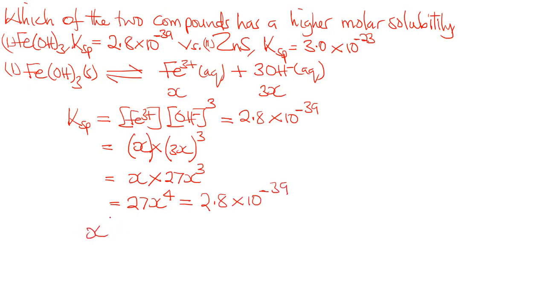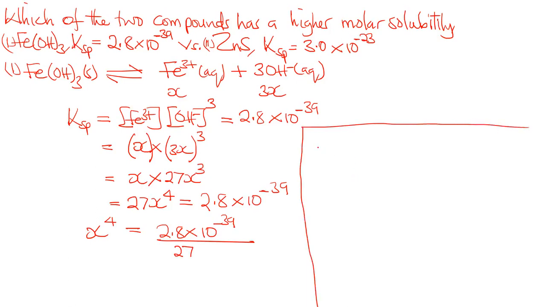So continuing, X to the power 4 is equal to 2.8 times 10 to the power negative 39 divided by 27. So if we continue this side, X then is equal to the fourth root of 2.8 times 10 to the power negative 39 divided by 27.